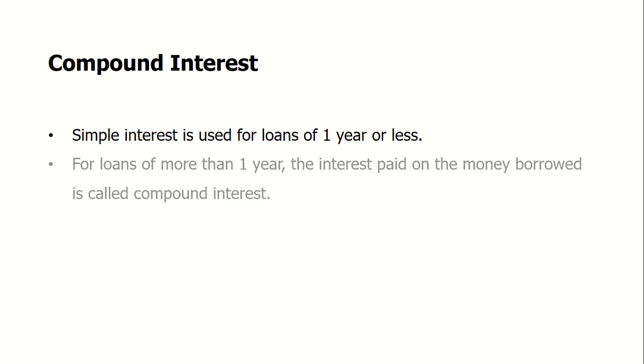When the loan is of more than 1 year, meaning you are expected to pay for the loan in maybe 2 years or 5 years, or in terms of insurance, you will receive the premium in maybe 20 years, we do not compute the simple interest, but we compute the compound interest.